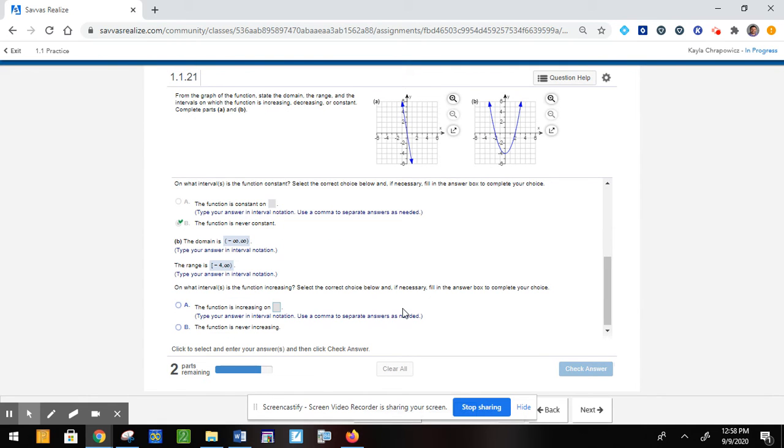On what interval is the function increasing? So the function is going up from here all the way up here. But if it's talking about interval, we're talking about the x-coordinate of that point. That's 0. So from 0 to the right, the function's increasing.